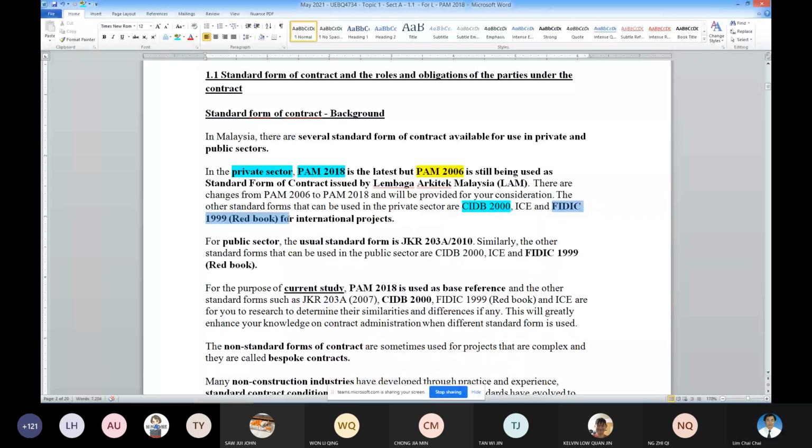And even private sector, there is the so-called FIDIC. Okay, so FIDIC 1999 is the old version, and now we have the 2017. Okay, so this is the current version.